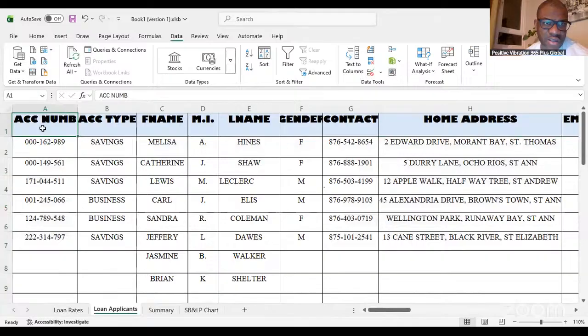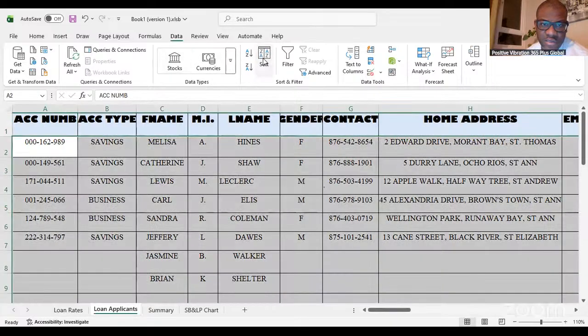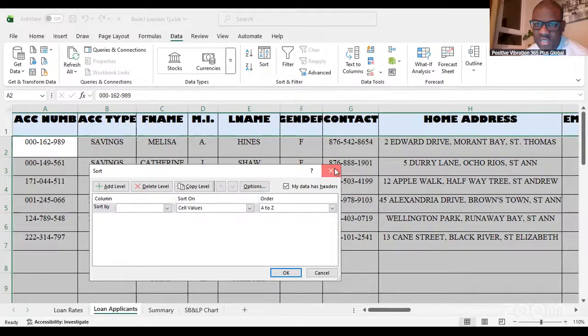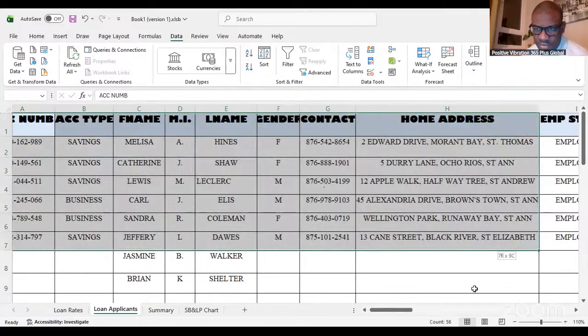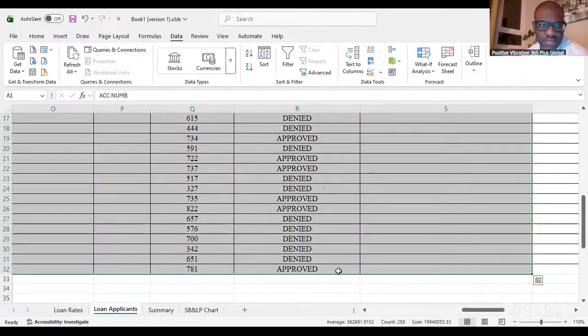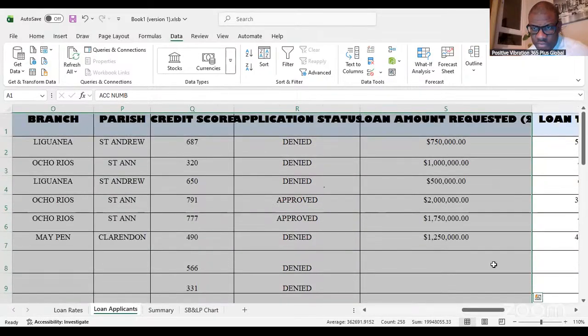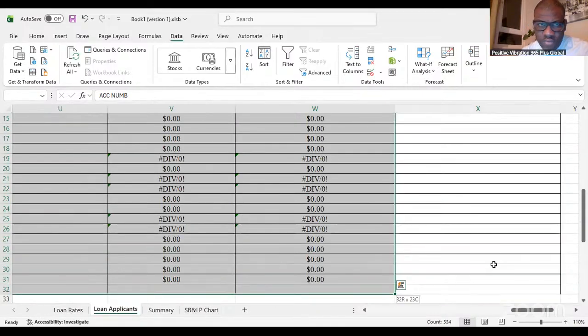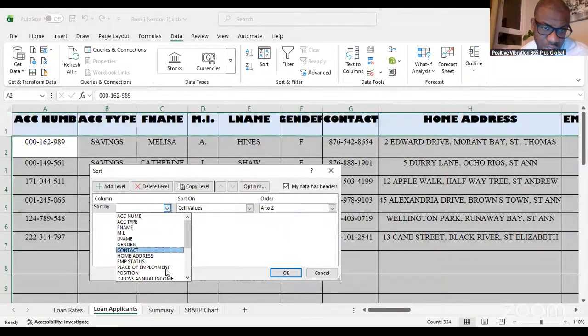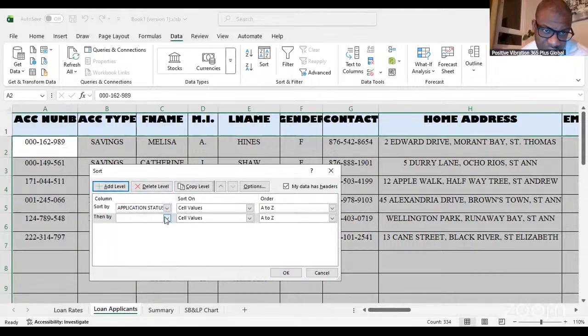Let's see if that did work. No, for some reason that did not save. I'm not sure why. Let's try it again. So sort, let's do it again. By application status, then by last name.